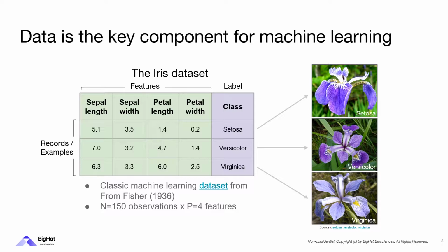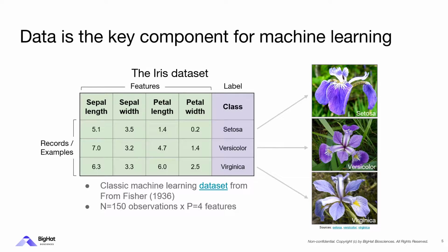The columns of the dataset can be divided into the input features in green and the output label or class in purple. The dataset has on the y-axis records, or examples as they're often called in machine learning. In this case, I've shown 3 representative examples from a total of 150 rows in the full dataset.